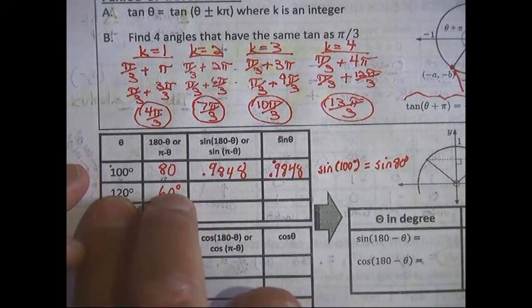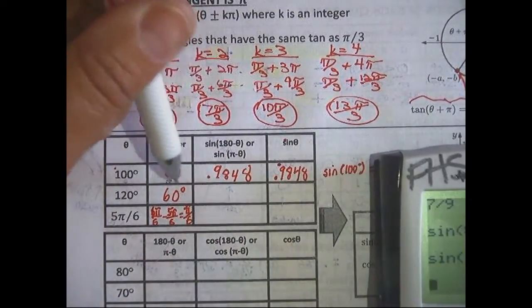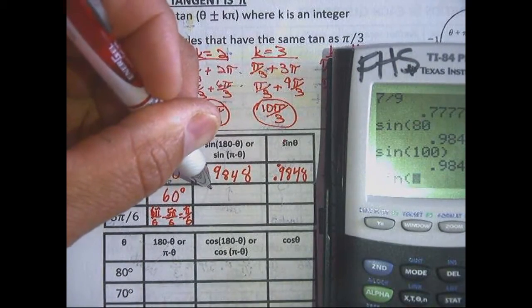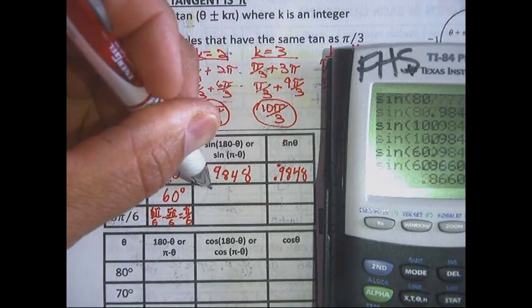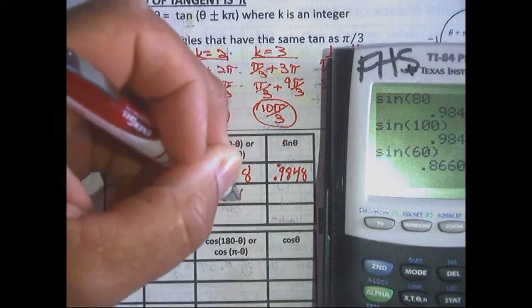The sine of 120 and 60. If I did the sine of 60, that's this value, 0.8660.